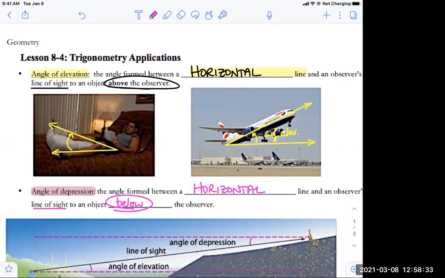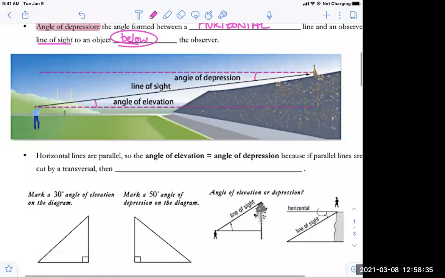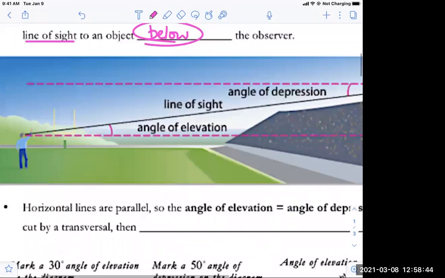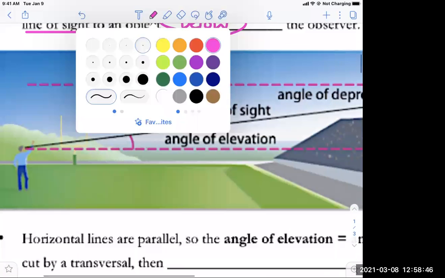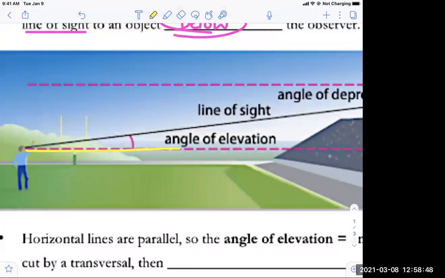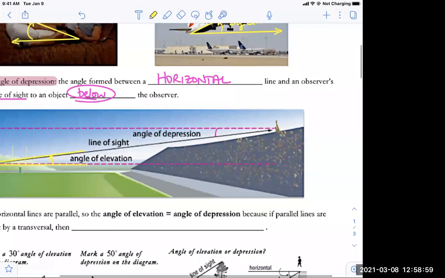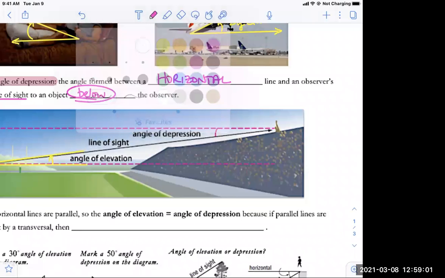So for example, on an athletic field, on the football field here, there's a guy who's standing on the field waving up at people in the stands. The angle of elevation at which he sees that person in the stands, from the horizontal up, that angle of elevation right there is the same as the angle of depression of the person who is up here in the stands.